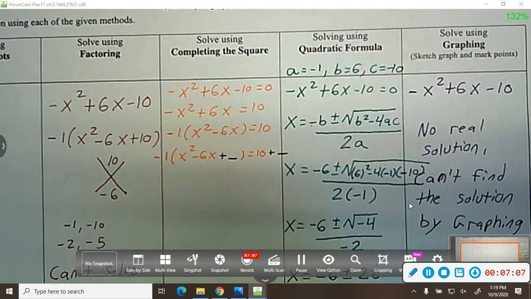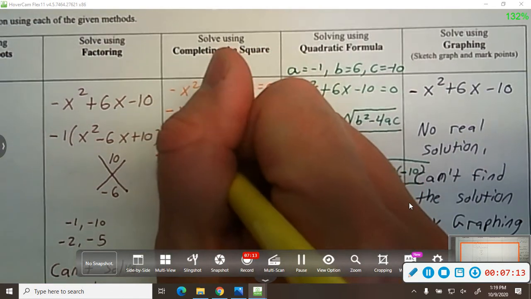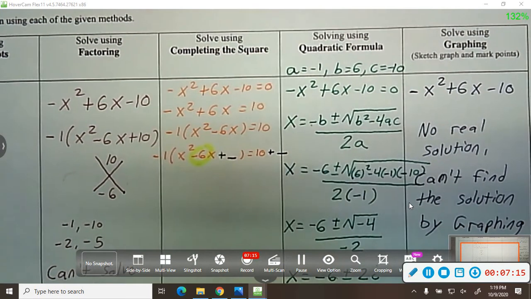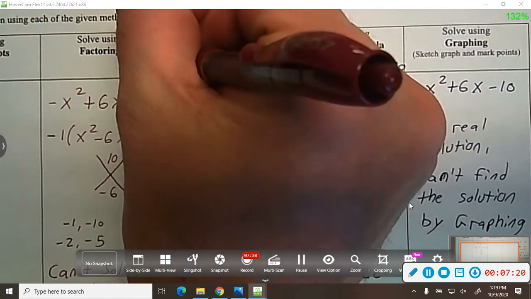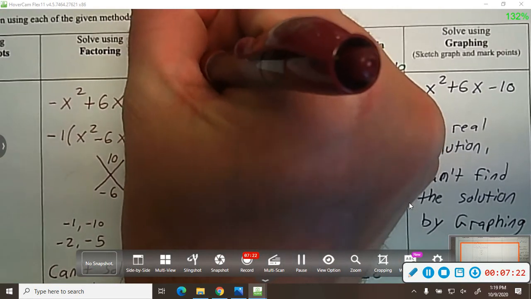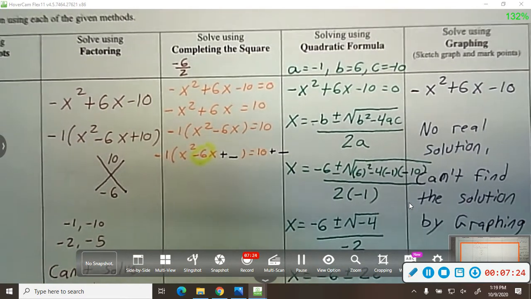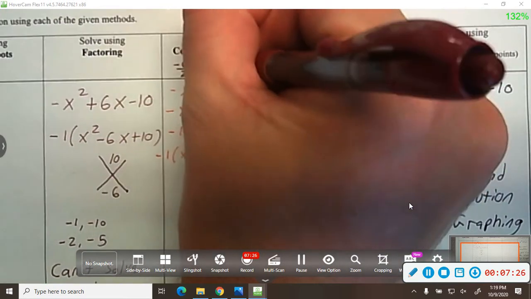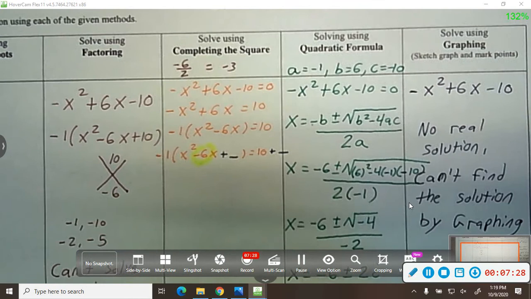The way you know how to complete the square is you take this number right here, the negative 6, and you divide it by 2, which is negative 3, and then you square that number.